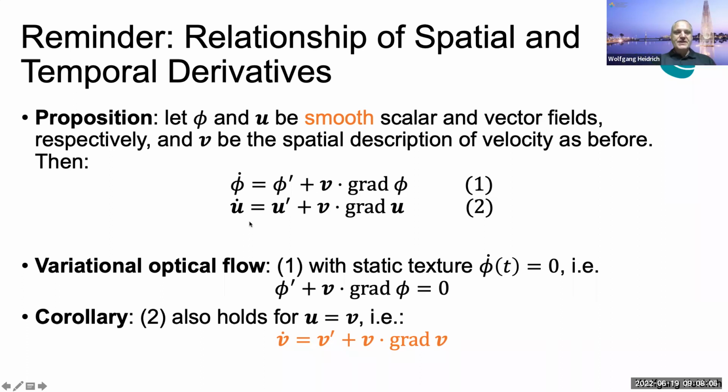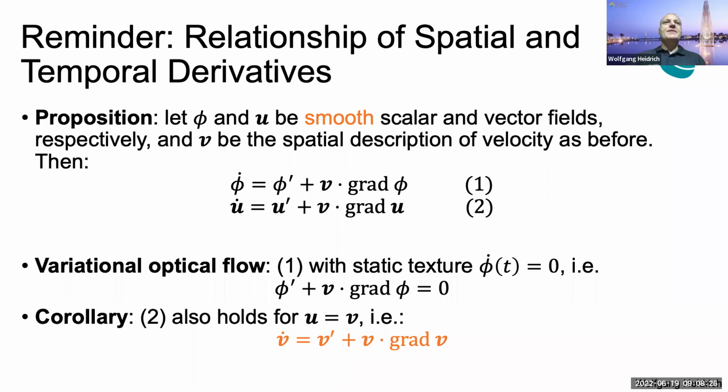So if we put the velocity field into this equation here, we get this relationship where the velocity in the material space is related to space and time derivatives of the velocity field in the spatial domain.